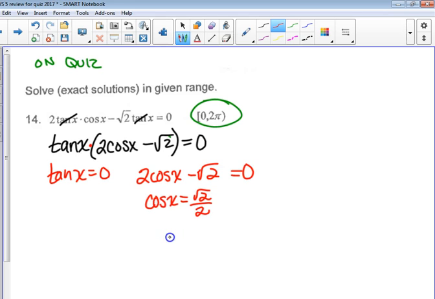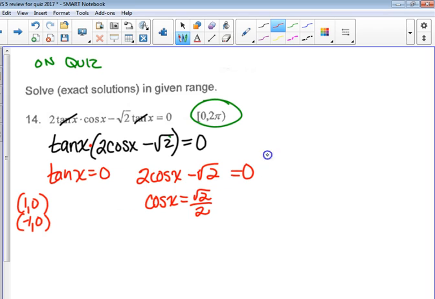Tangent again. Tangent is our downfall. Tangent is a y over the x. When will that be 0? At those two places, yes? Y over x, y over x.